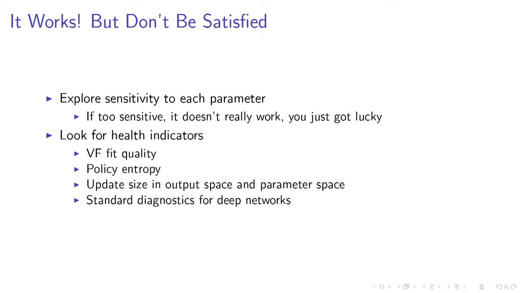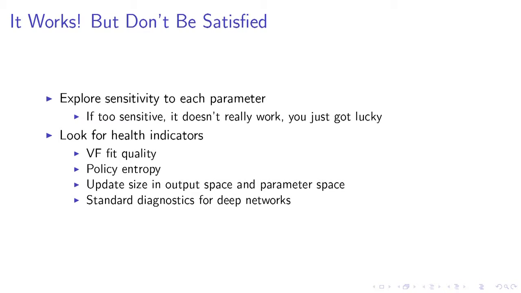Okay, so now I'll talk about some guidelines for the ongoing development and tuning process, as opposed to the initial process of having a totally new problem or a new algorithm that I want to see some signs of life on. Let's say you get something working. I would recommend looking at how sensitive your algorithm is to every hyperparameter.